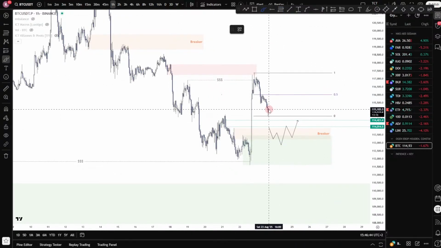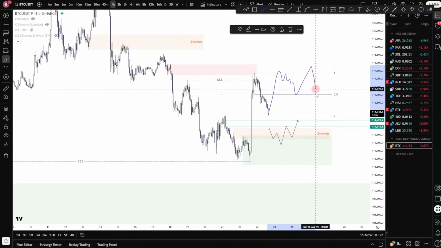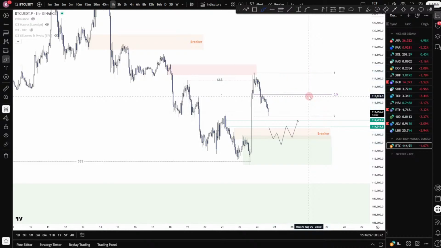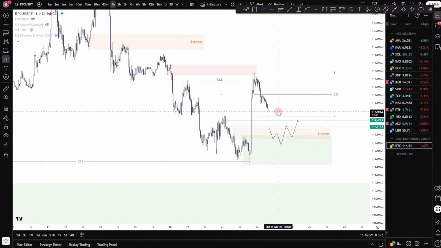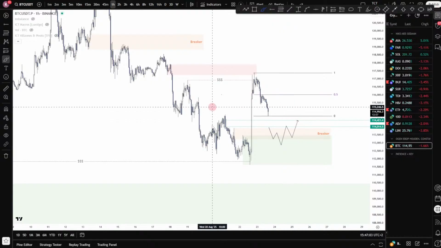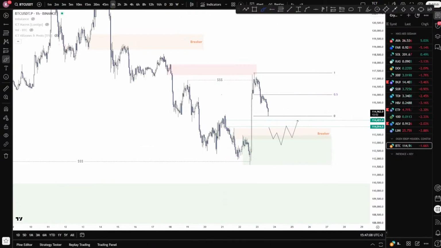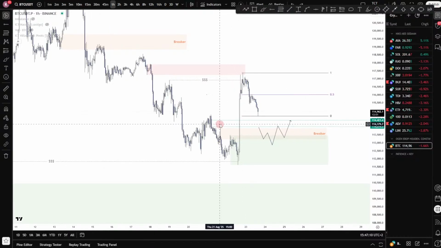The way you can come up like this, you can of course also do on the other side and go down like that. Also scenarios you have to keep in mind. Price is just correcting from that big pump, so that's my point of interest for possible longs to be created.